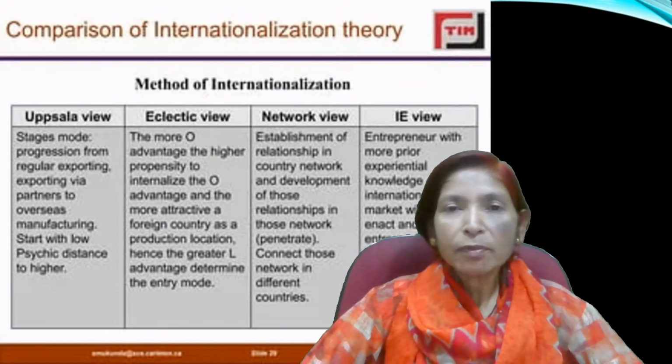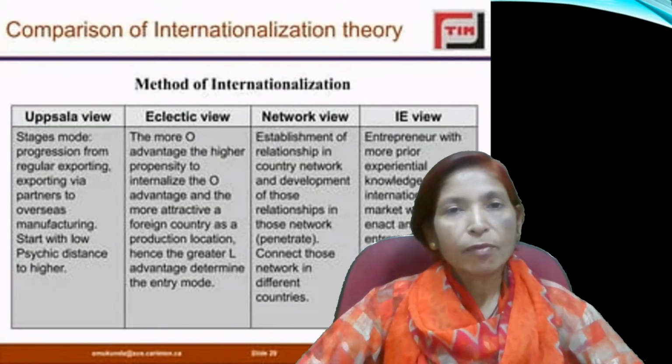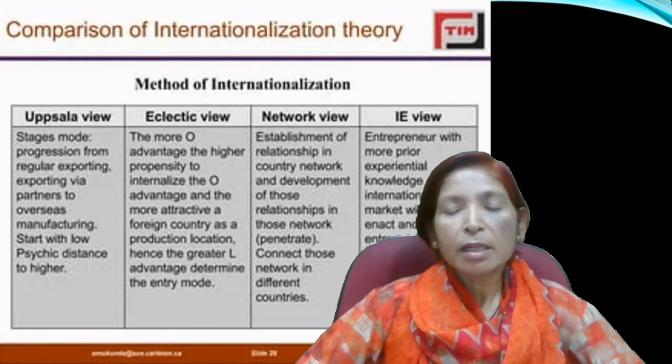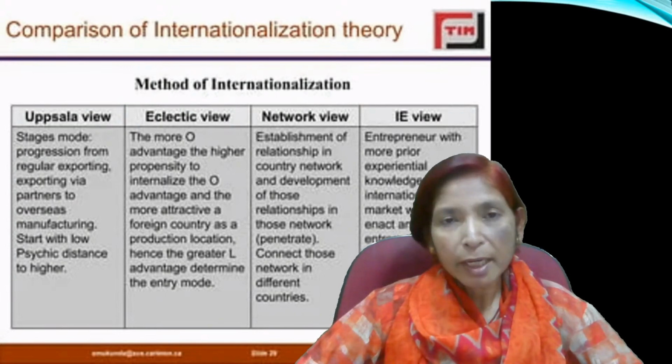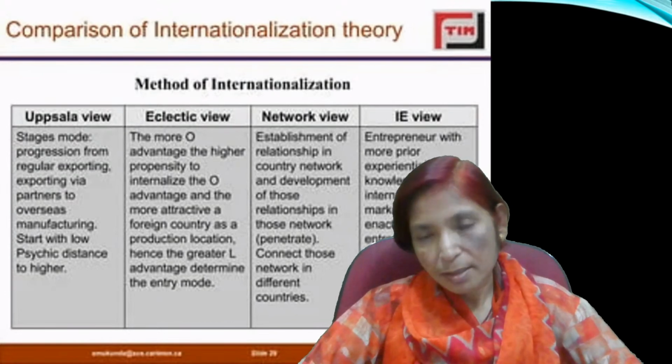countries. The network view says that we should improve our network connectivity with different countries, and if we connect with the rest of the world at a very rapid rate, then we can improve our international business operations.